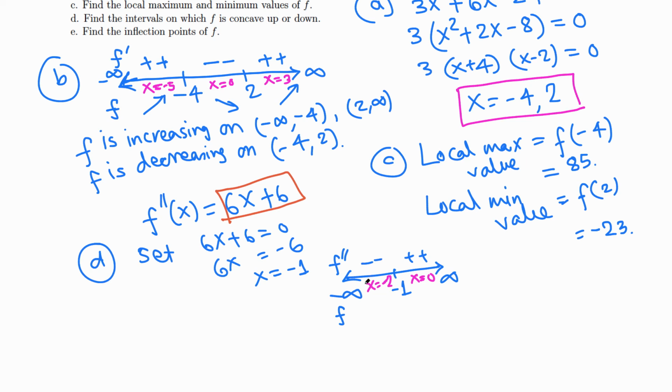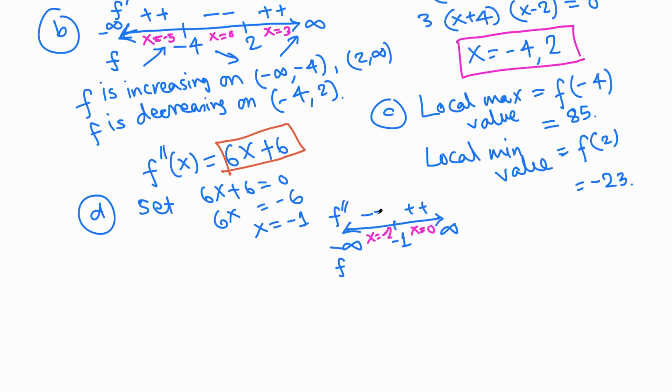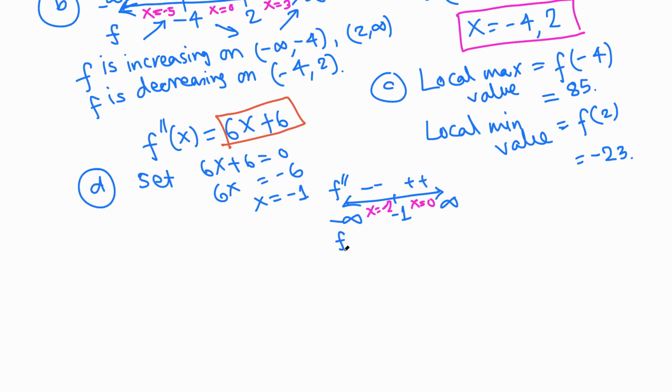And we know that when the second derivative is negative, the function is concave down. Something like this shape. And second derivative positive means concave up. It's like a cup, concave up.